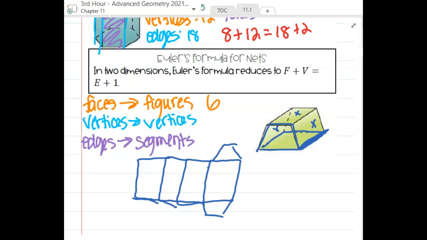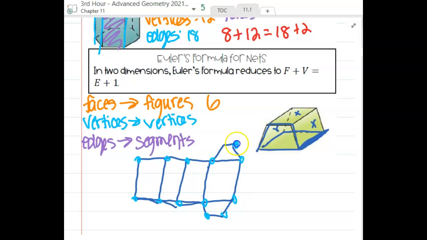Now, the vertices. What you're counting in the net is anywhere that you have a segment meet. So this side right here and this side right here, they meet right there. That's a vertex. Here and here, those are both a vertex. Here and here, here and here.